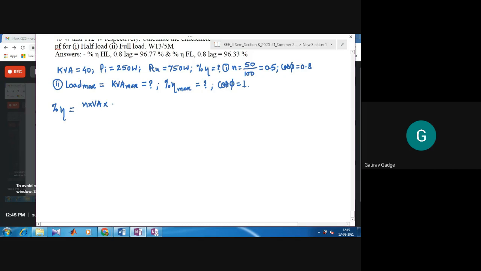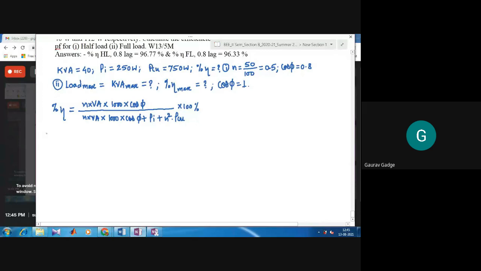It is 40 kVA multiplied by 1000 multiplied by cos phi, divided by N into VA rating multiplied by 1000 multiplied by cos phi plus iron loss plus N square copper loss, multiplied by 100%.